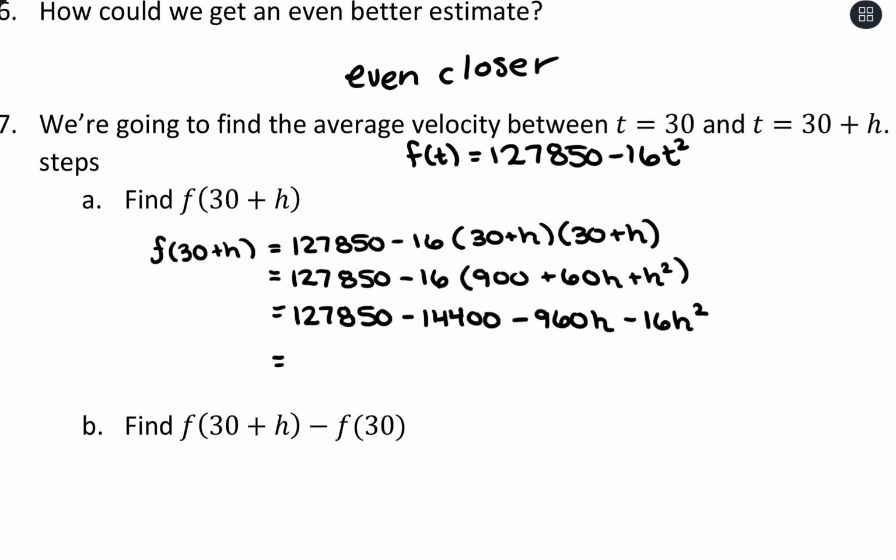Then, just to make it completely simplified, I'm going to switch this to standard form, so negative 16h squared minus 960h, and then 127,850 minus 14,400 is a positive 113,450. Okay, so we have a formula for f of 30 plus h.